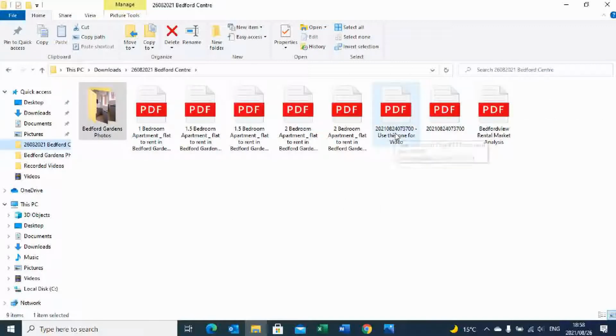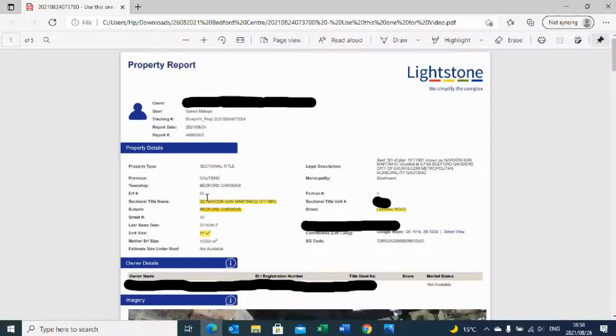The Lightstone report will tell us the sectional title name, San Martino, in Bedford Gardens, number 10 Leicester Street, and the unit size is 77 square meters.